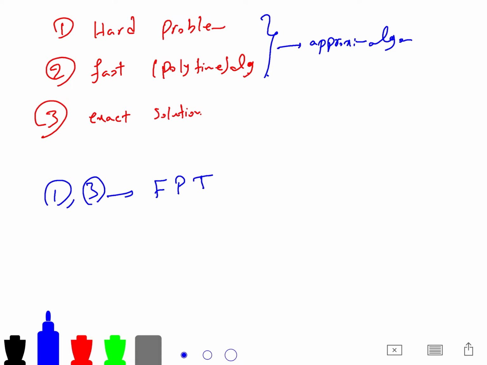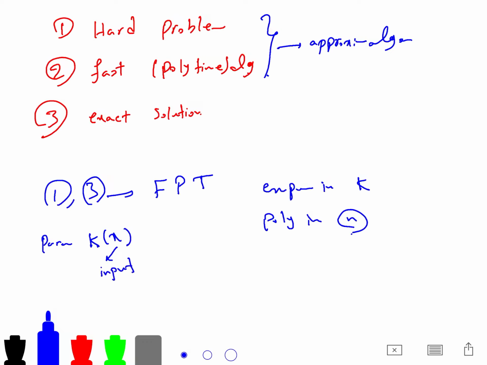And in that, I don't want to talk about it, but it is exponential in K and polynomial in problem size, which is n. And your parameter K is a function of your input. And if K is relatively small, we can still solve it. Of course, it takes time, but we can still solve it in relatively good time.